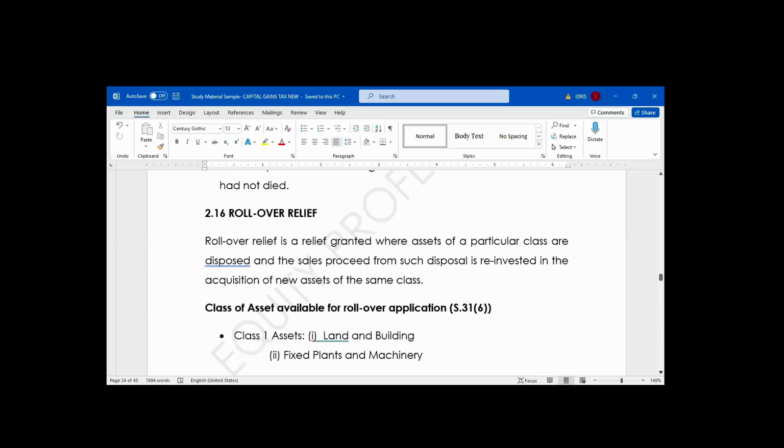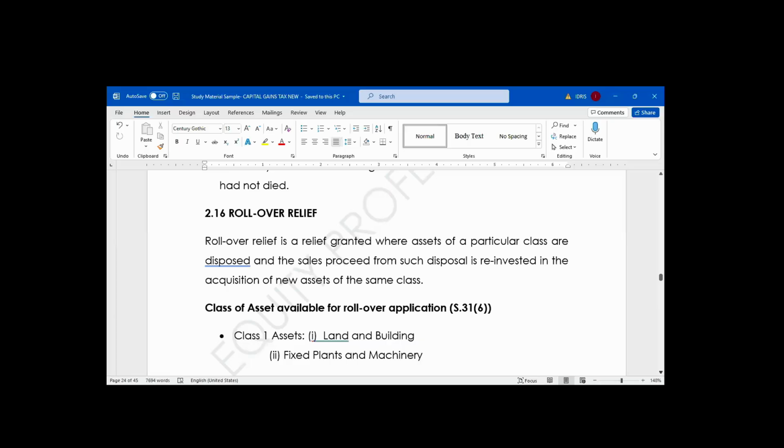What is rollover relief? Rollover relief is relief granted where assets of a particular class are disposed and the sales proceeds from such disposal are reinvested in the acquisition of new assets of the same class.